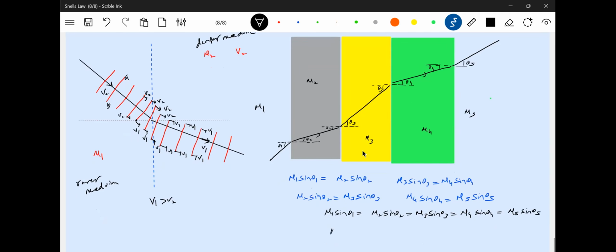Altogether, mu sine theta is equal to a constant. That is nothing but again the same Snell's law.